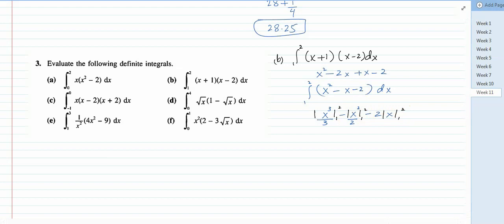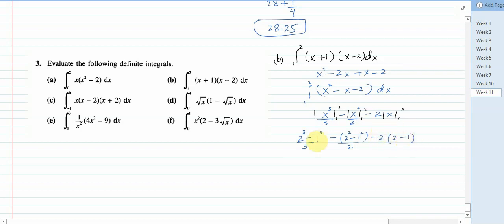Now x cube will be 2 cube minus, upper limit minus lower limit, 1 cube, divided by 3, minus upper limit 2 square minus lower limit 1 square divided by 2, minus 2, upper limit is 2, lower limit is 1.